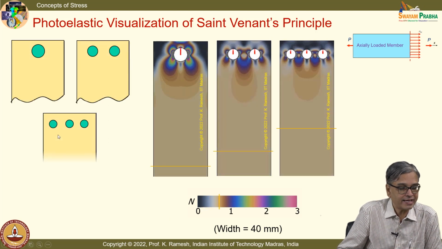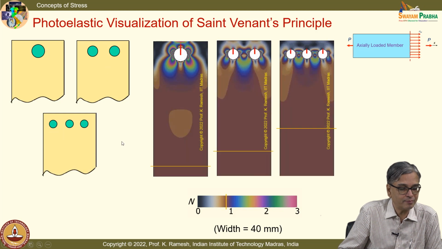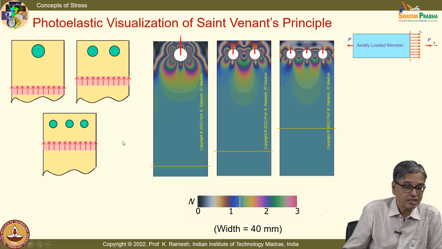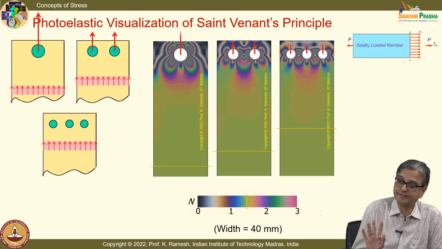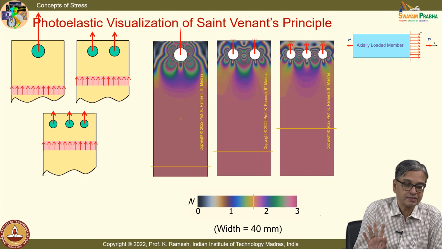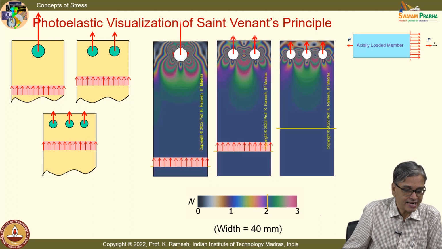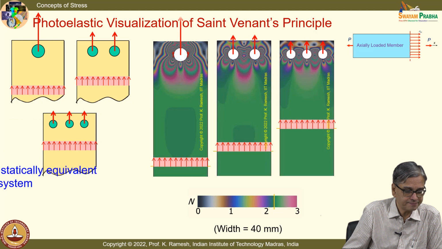What I have is, I have a single hole, I have a double hole, and I apply a statically equivalent force system. The requirement is to apply a statically equivalent force system.